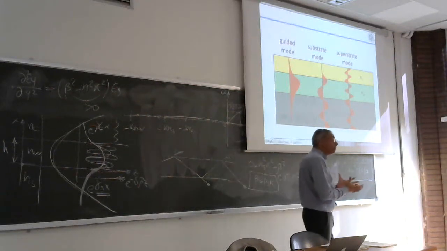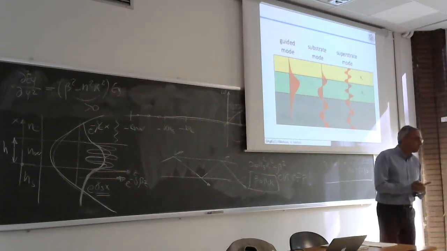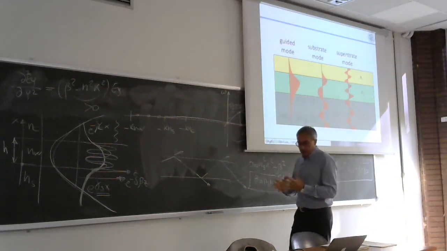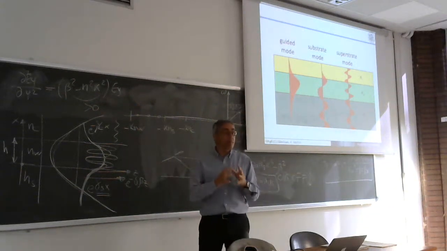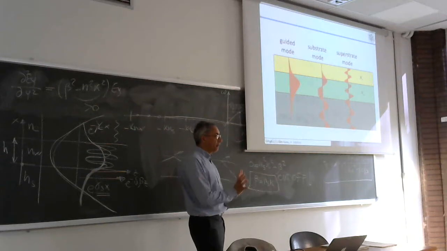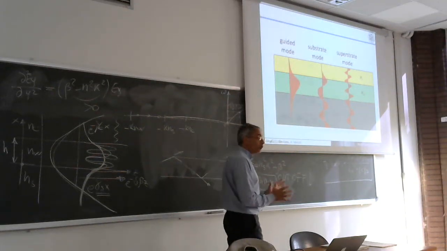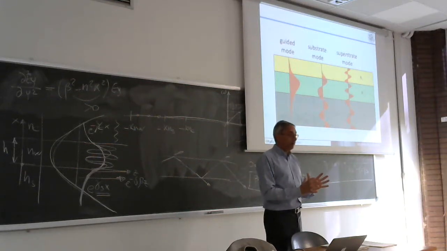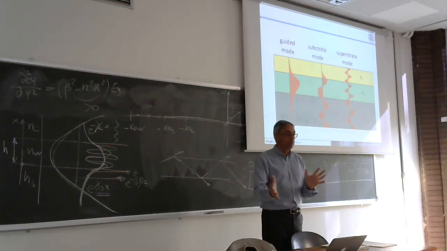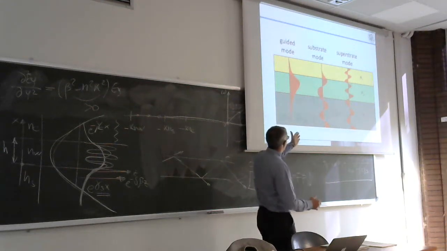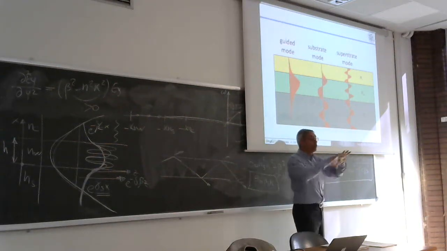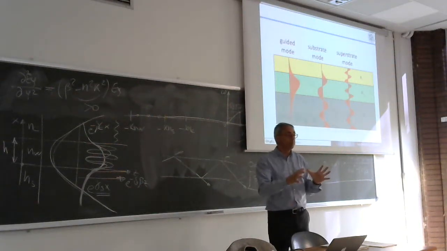A leaky mode we can see as a combination of radiative modes, a combination of plane waves that at some point of the space, for example here, has a well-defined shape.